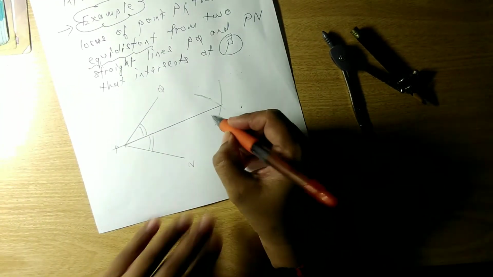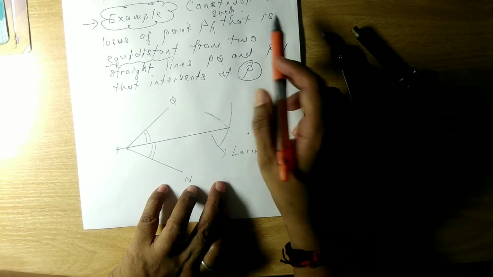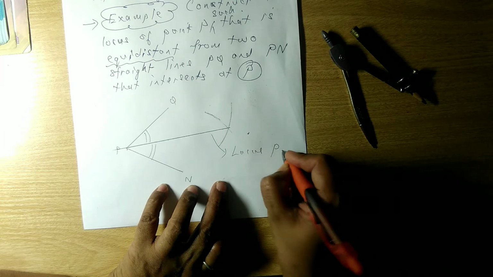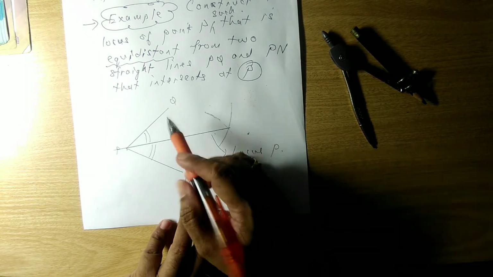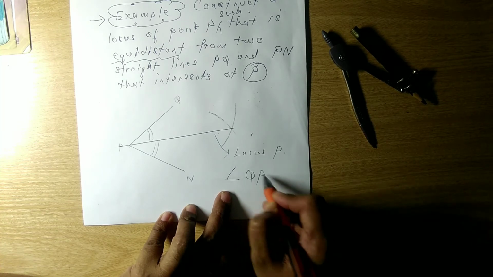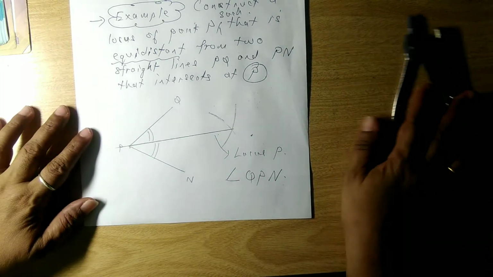So this is your locus of P. So this becomes the angle bisector for the angle QP. So this is the fourth type.